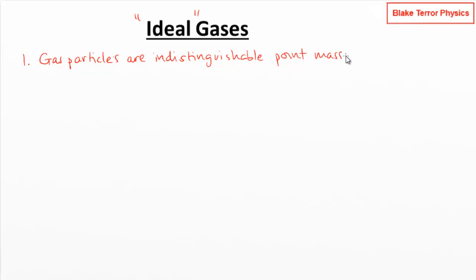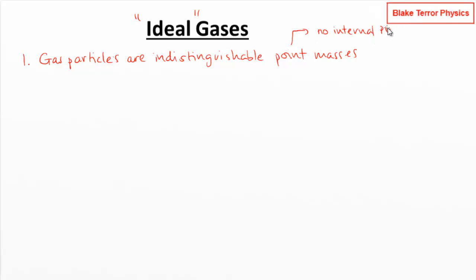This is going back to the days of when we started off doing our kinetics and kinematics in classical mechanics. So we're saying they're indistinguishable point masses. The point masses is also getting at the fact that there's no internal potential energy inside these particles.